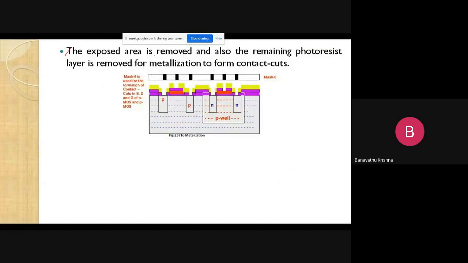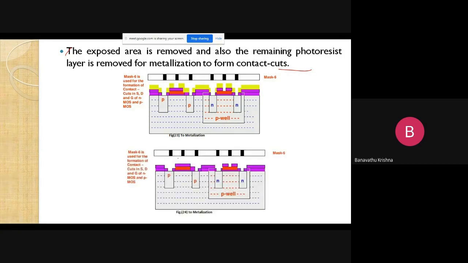So the exposed area is removed, and also the remaining photoresist layer is removed for metallization to form contact cuts. Right? So here we make the connections. And the remaining photoresist layer is removed by using bases or acids. Right? So this is the formation after removing the photoresist layer.